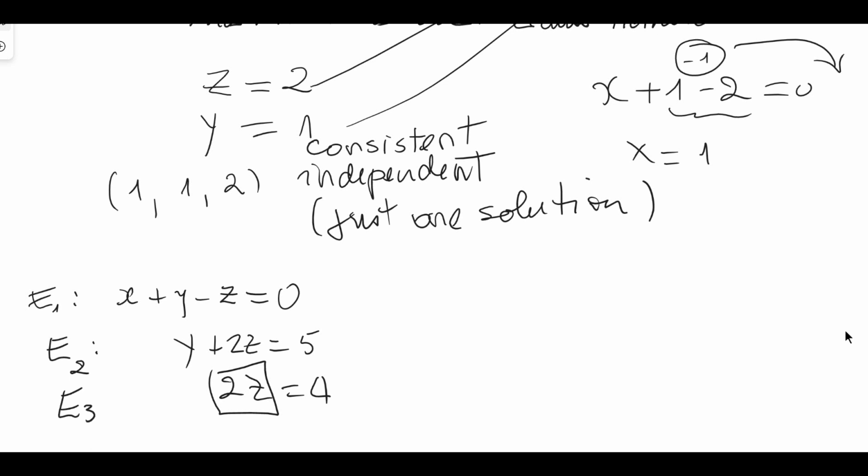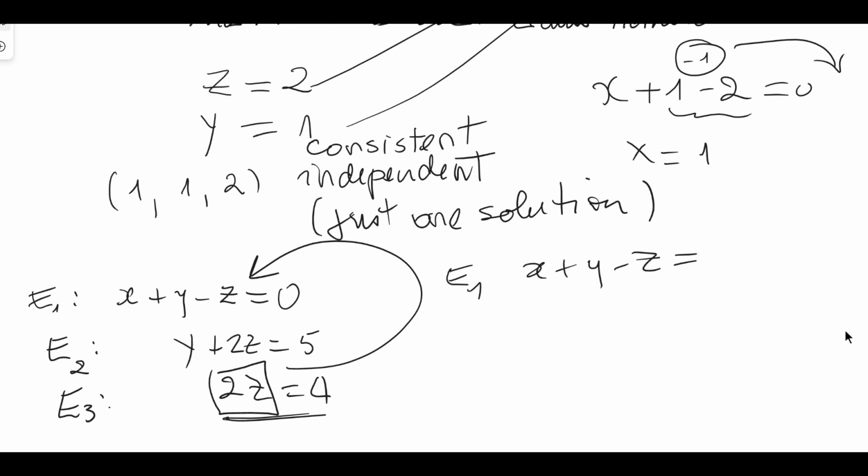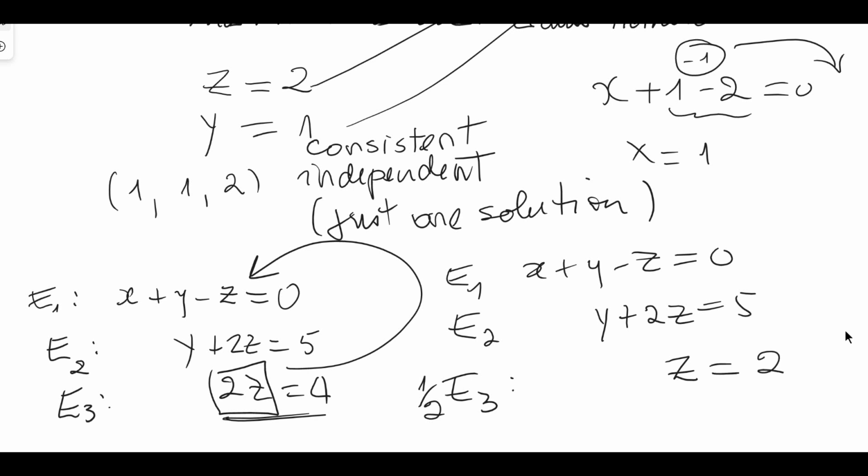First divide this. E1 is the same. You can make variations of the method. E2 is still y plus 2c equal 5, and then 1/2 of equation 3, just to get a 1 here, c equal 2. Divide by 2 each side.